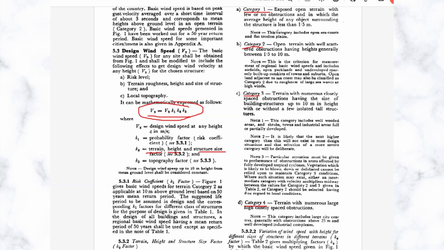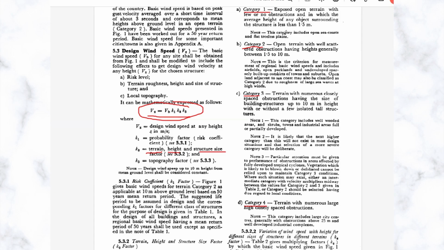Basically, when we are constructing a building, say your building is of 20-meter height and the surrounding structures are of 10 meters or less, then the impact of wind pressure on your building will be more.